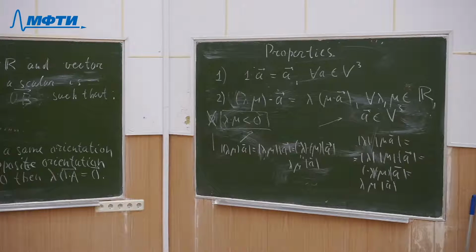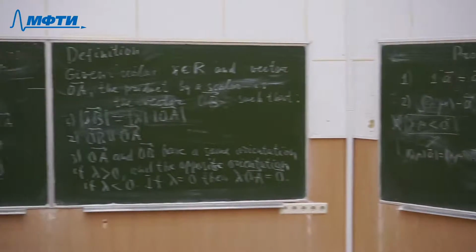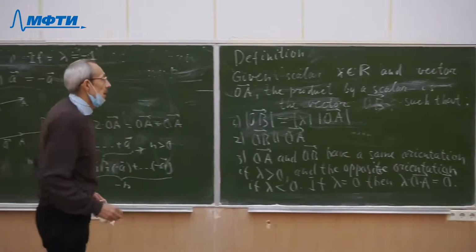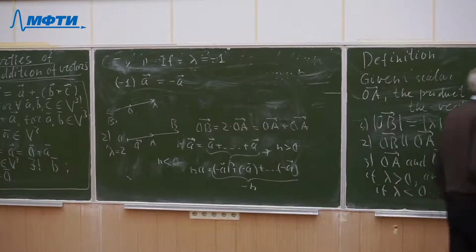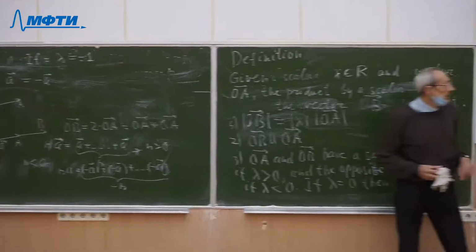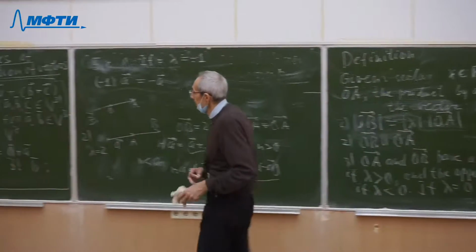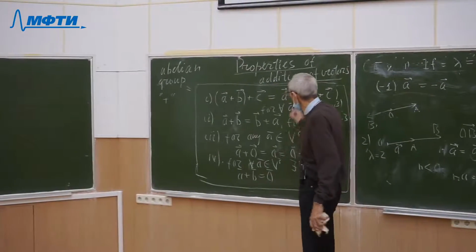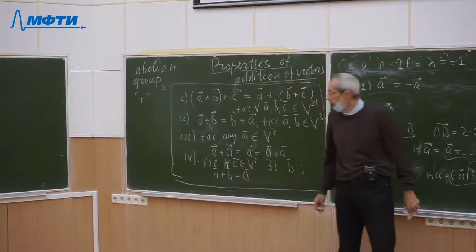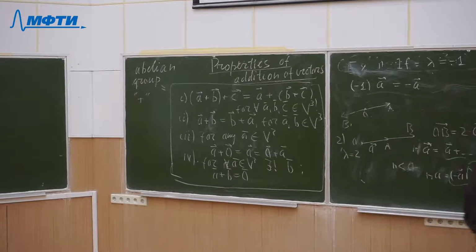Okay, and we have the following properties: two properties of scalar product, and four properties for the addition operation.